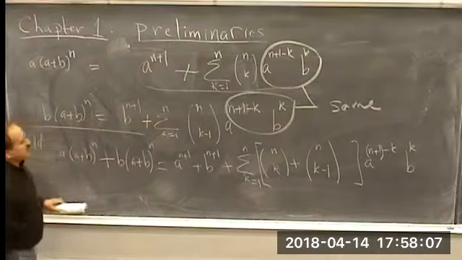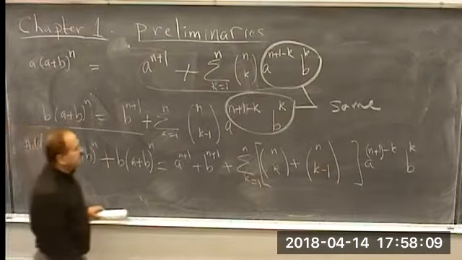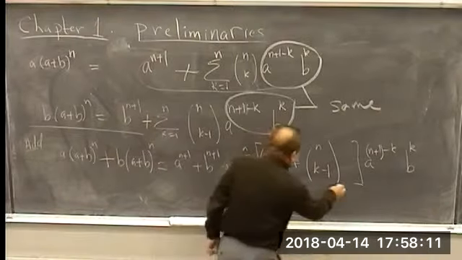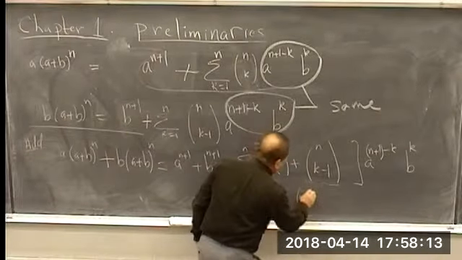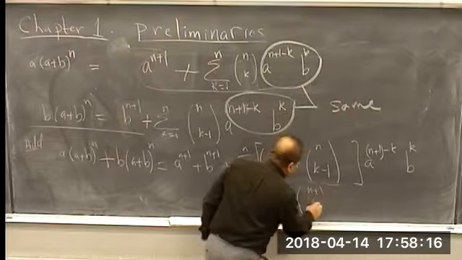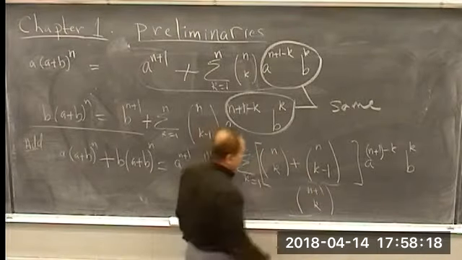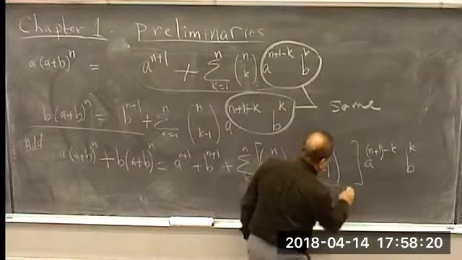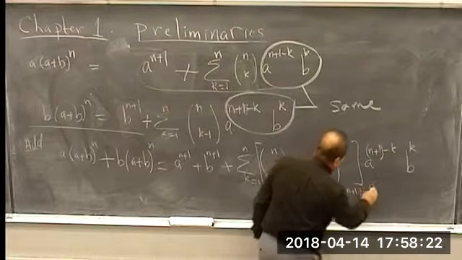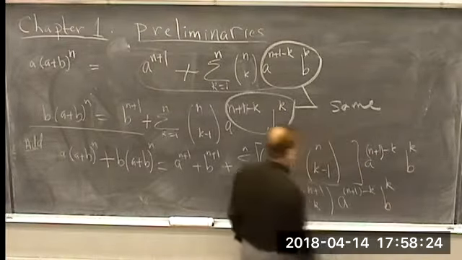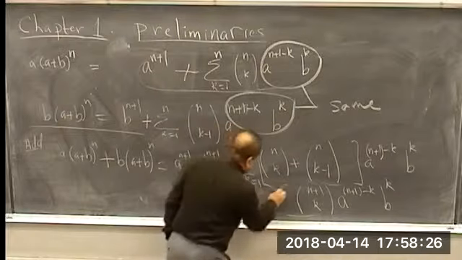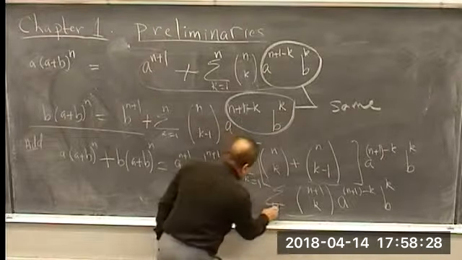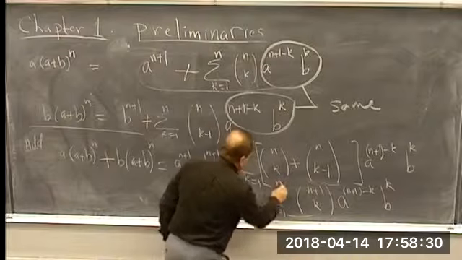Now we need to use Pascal's identity to replace this with binomial n plus 1, k, in the a to the n plus 1 minus k, b to the k. We have a summation, but this summation starts from 1 to n.